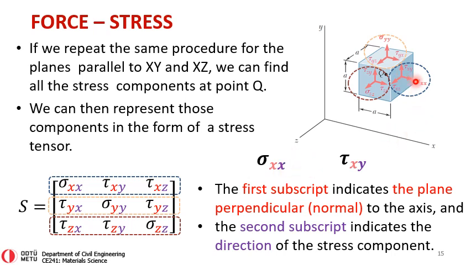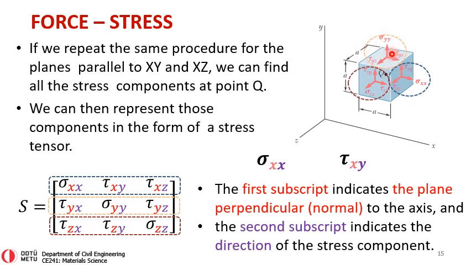So for sigma xx, the first subscript tells us it's acting on the x-plane, and the second subscript tells me its direction is parallel to x. Similarly, tau xy is acting on the x-plane, and its direction is along the y direction. Tau xz is acting on the x-plane, and its direction is parallel to the z direction.